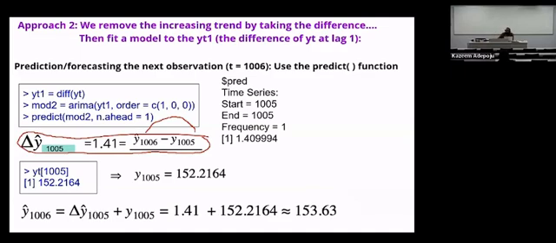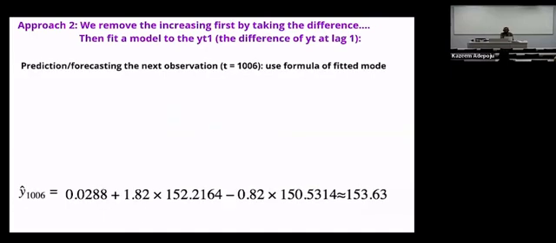That is the difference. That's what we call a change. Okay, so that is what you are seeing now. So in the end, we got 153.63. Okay, so that is what we have done.